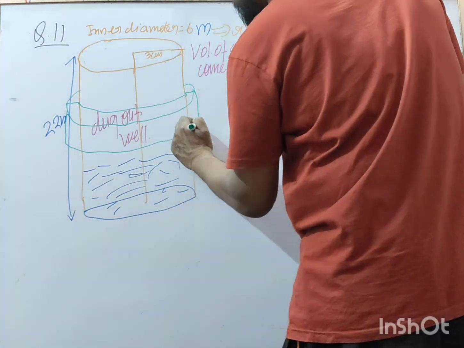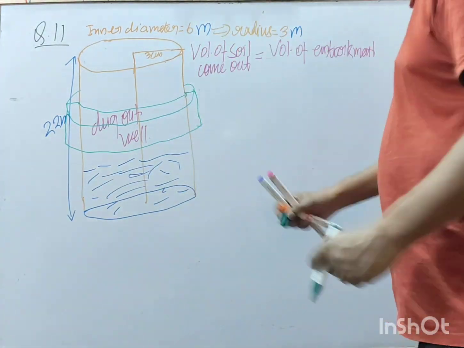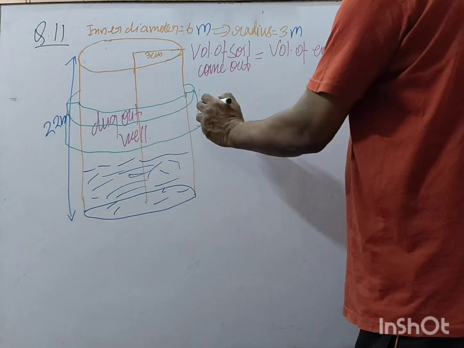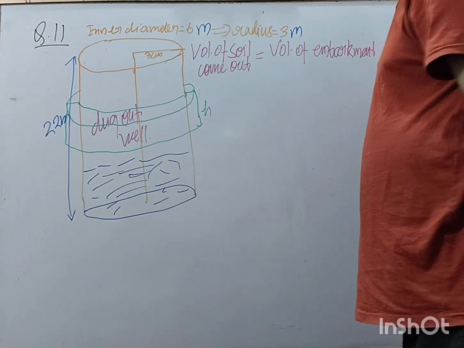This is the embankment we have, and it has height h.